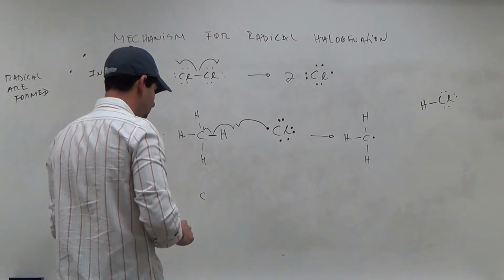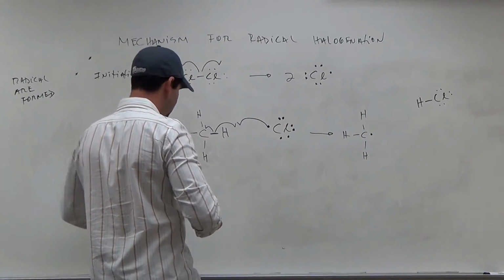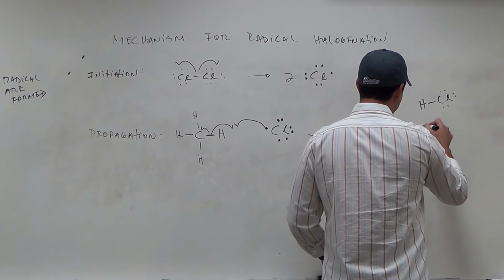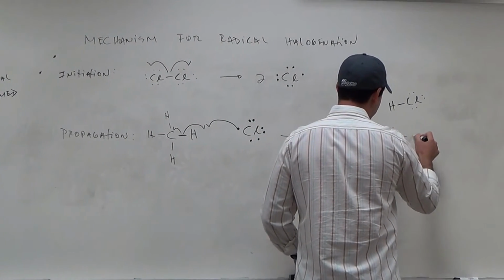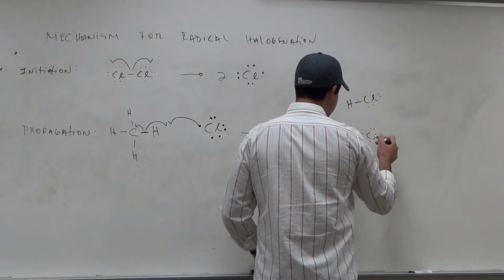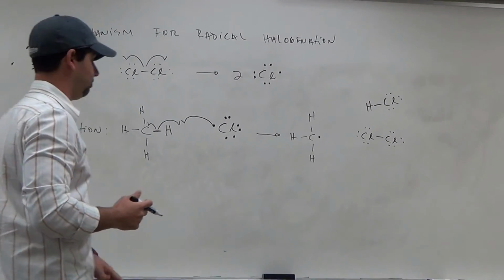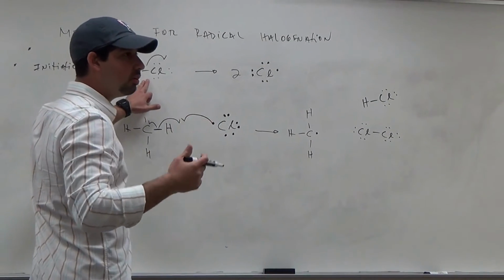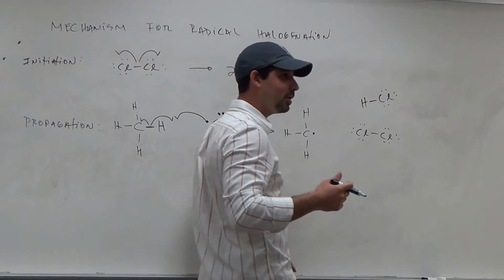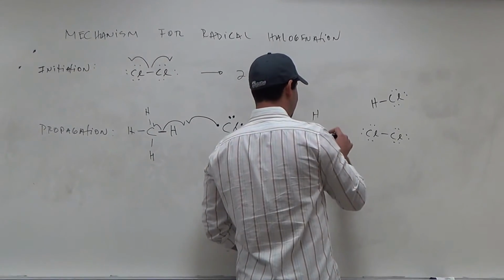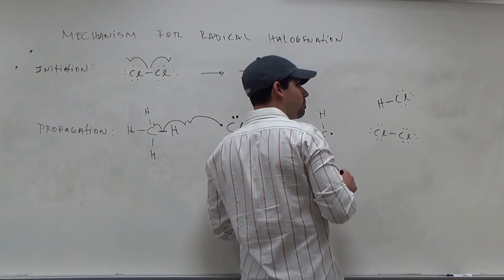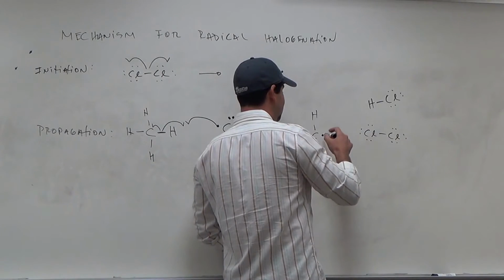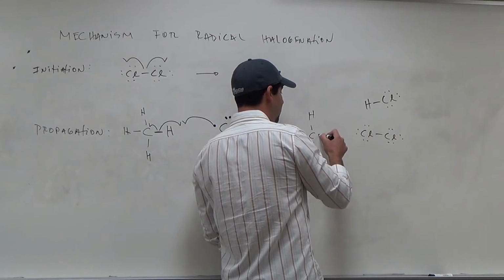Now, let's continue there since I have enough board space. What's going to happen is there are Cl2 molecules all over the place, some of which are still intact. They have not broken. So, what is this radical going to do?